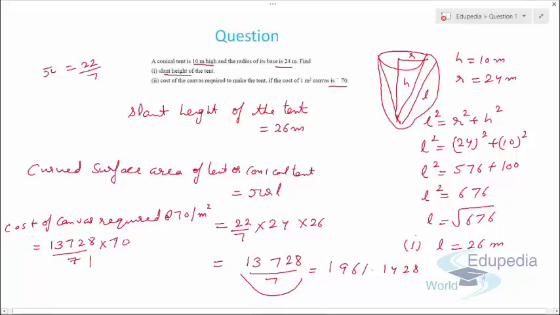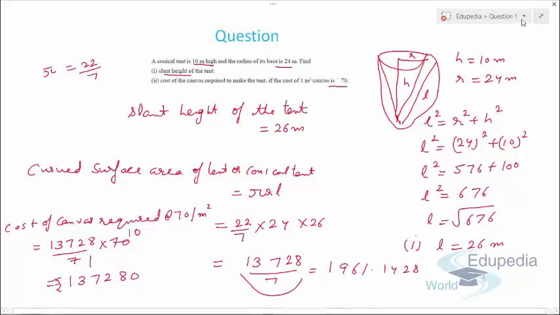So this and this will cancel. So this comes out to be 10. So this will be 137,280, or we can say that it's 1,37,280 rupees. So this is the cost of canvas required to make a conical tent. So this is how we can use the concepts of cone to find the solution to various types of problems.